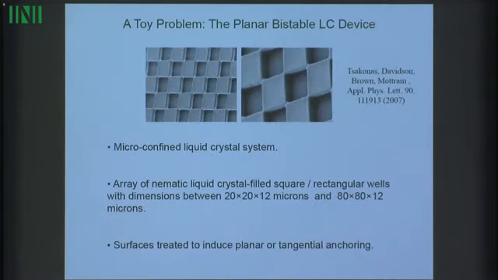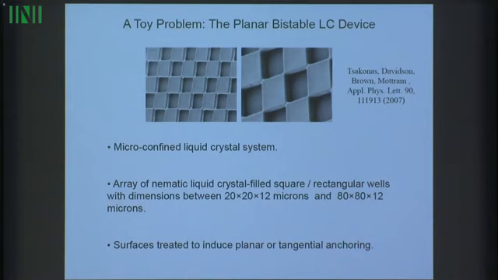So I'm going to start off with a brief description of what they call the planar bistable liquid crystal device. This was first reported in a paper by Tsakonas, Davidson, Brown, and Mottram in 2007. If you look at the picture, the basic construction is fairly straightforward. You effectively have a three-dimensional periodic array of square or rectangular wells filled with nematic liquid crystals.